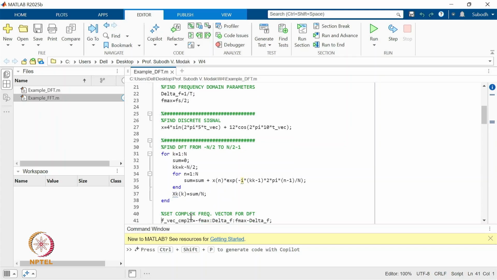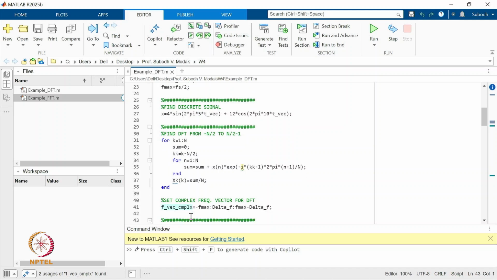Then the next thing is that we want to also plot this spectrum. So, we need to find the frequency vector, that is what I am going to do next. You can see here I am finding the frequency vector to plot DFT. The frequency vector starts from minus f max, that is minus fs by 2, and the increment is delta f, which is the frequency resolution, and it goes up to f max minus delta f.